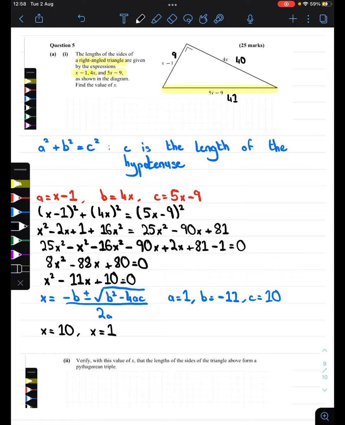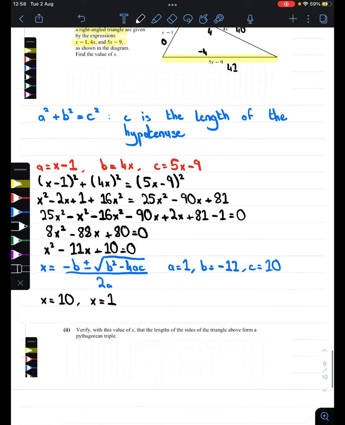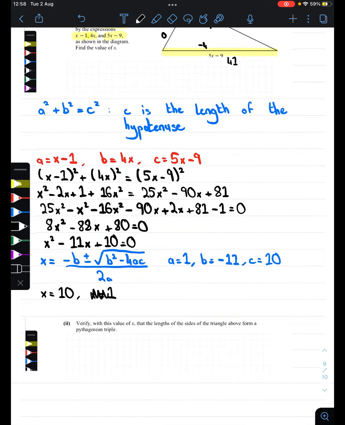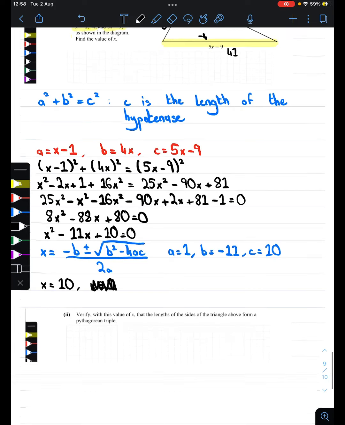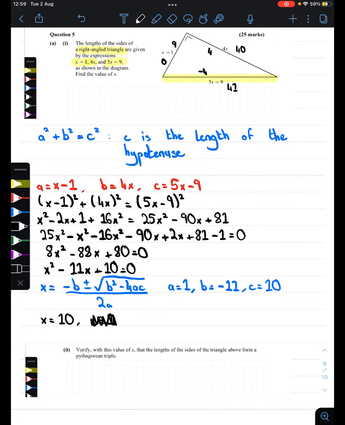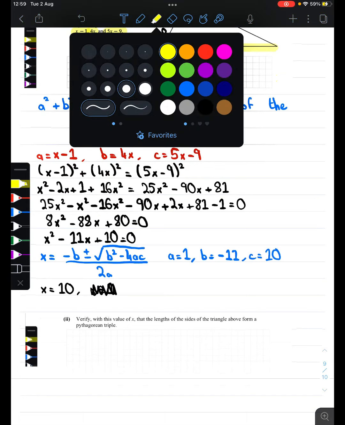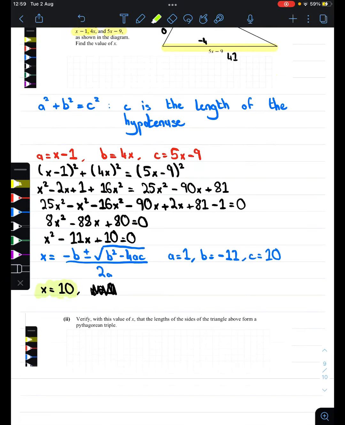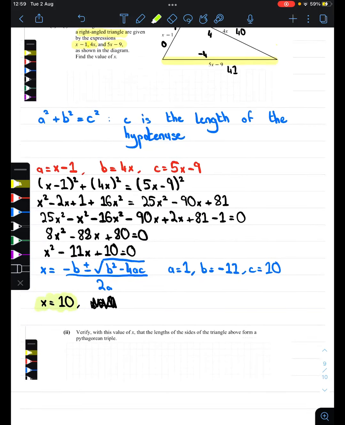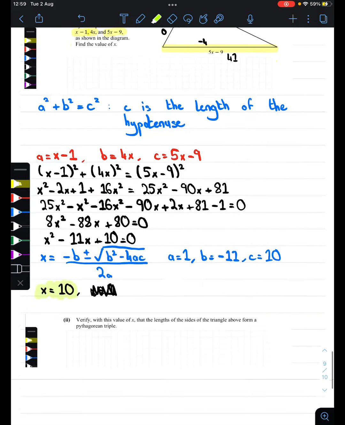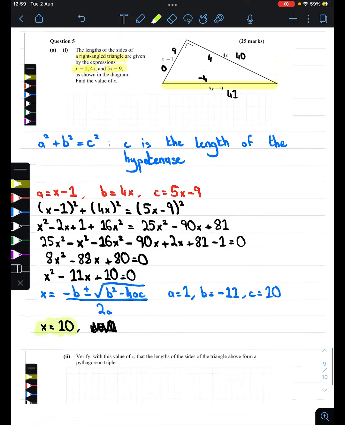And if x equals 1, then wait a minute, this length is 0, this length is 4, and this length is minus 4. That doesn't make any sense. So we're going to ignore this answer because it can't be right. It works out in the equation, but it doesn't make sense as an answer. So our answer is just x equals 10. If you wrote both answers, you'd still get most of the marks, but not the full marks. So these careful little details at the end are good to be aware of.